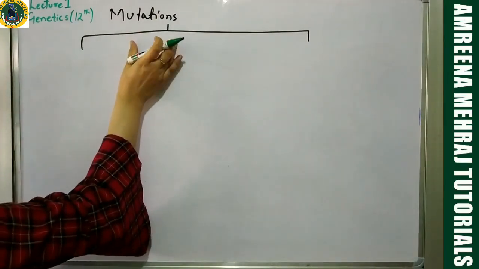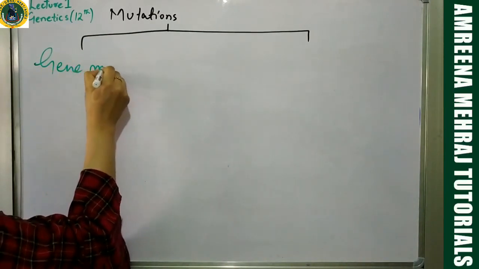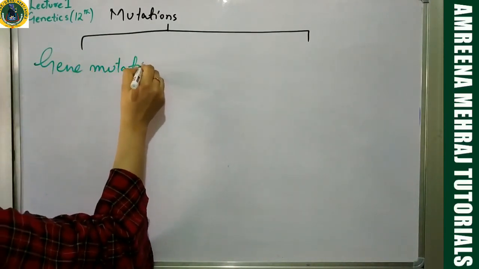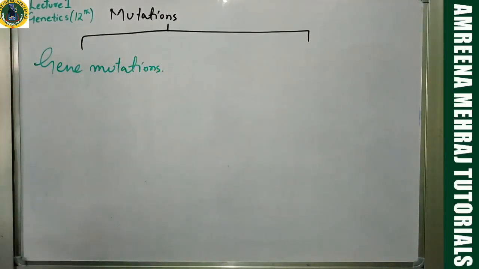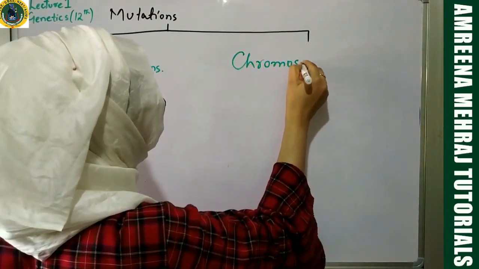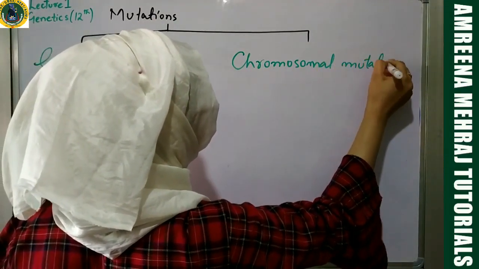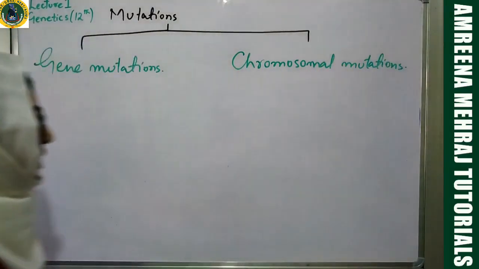So mutations, now we will classify them into two types. Number one, I'll call gene mutations. Number second, I will call chromosomal mutations.